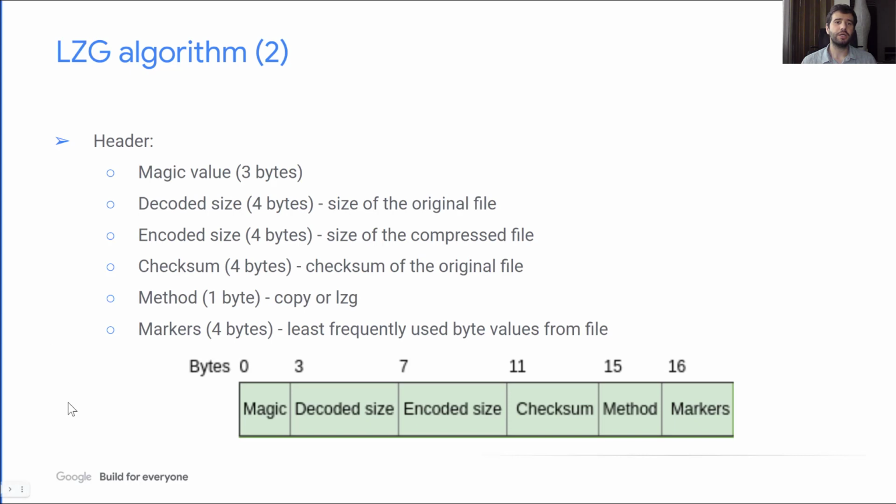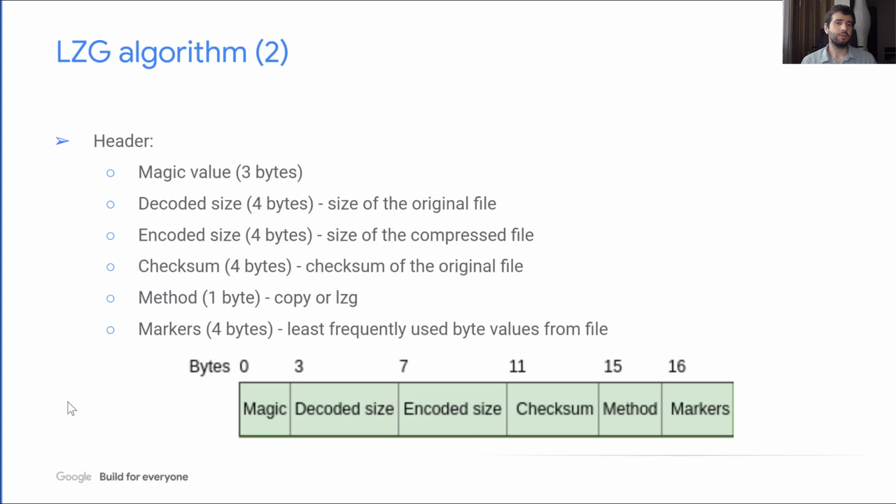So the header contains a magic value, which is used to identify the file as an LTG archive, the size of the original file, and the size of the target file, and an optional checksum of the original file. It also includes the method used for decompression, which can be either LTG or plain copy.